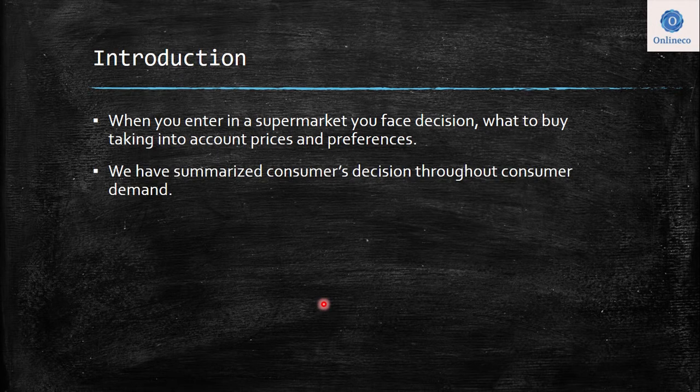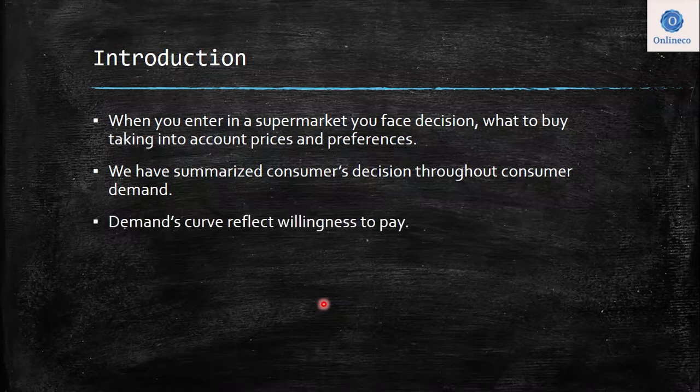In the previous chapters, we summarized consumers' decisions through consumer demand. At the end of the day, the demand curve that we looked at before reflects the willingness to pay. So when we think about the law of demand, we think that when price rises, demand will go down.